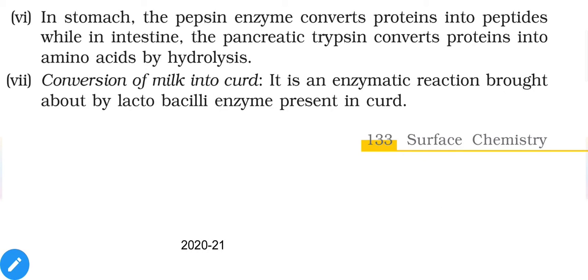In the stomach, the pepsin enzyme converts protein into peptides, while in the intestine, the pancreatic trypsin converts protein into amino acids by hydrolysis. Now, amino acids contain two different types of reactive groups: COOH, the carboxylic group, and NH2. That's why they are called amino acids, because they contain both types of groups.